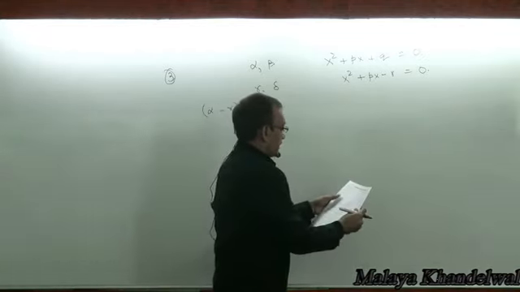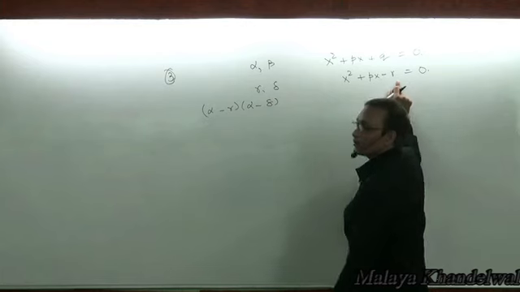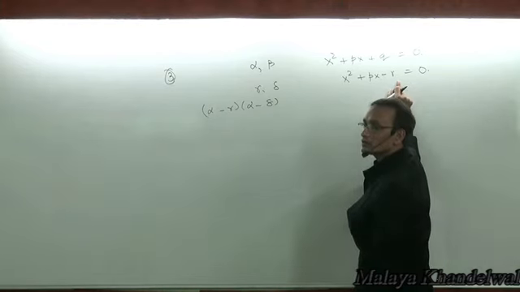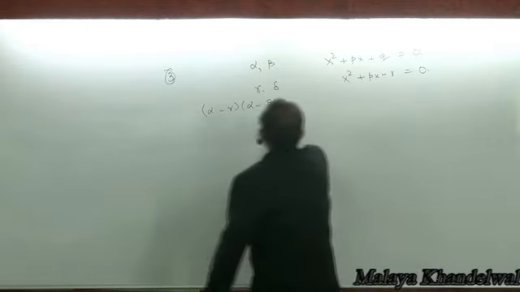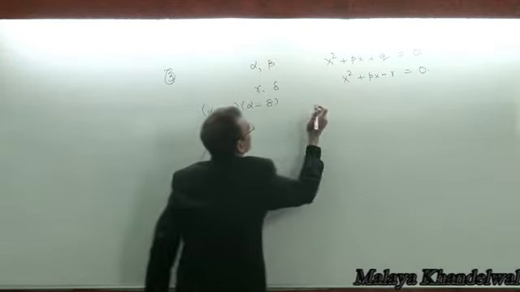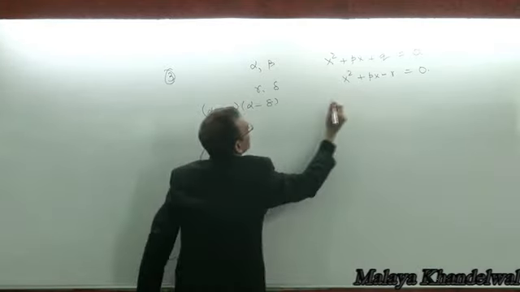Now, if gamma and delta are roots of this, that means this expression must be identically equal to (x minus gamma) into (x minus delta).